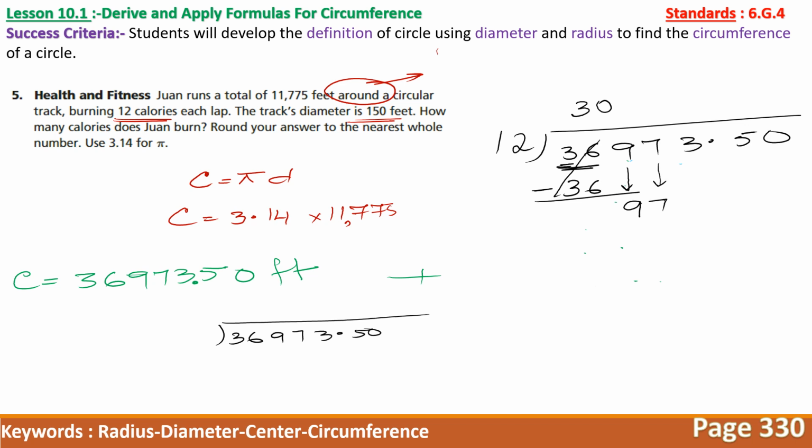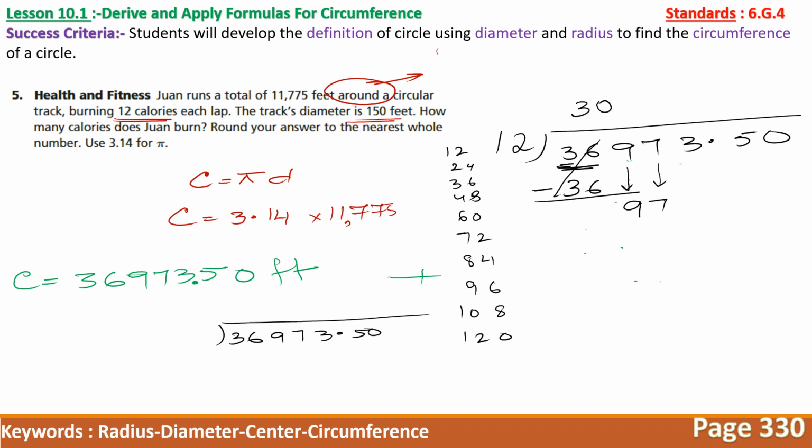Let me write the 12 table for you. 12, 24, 36, 48, 60, 72, then 84 and 96, then 108 and then 120.